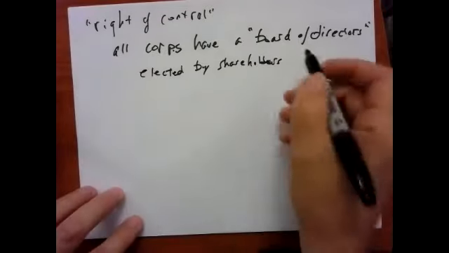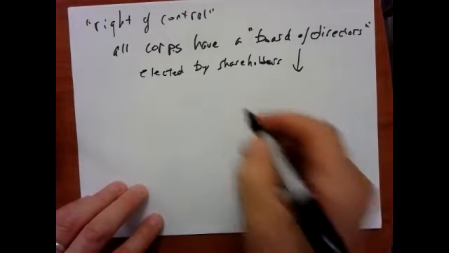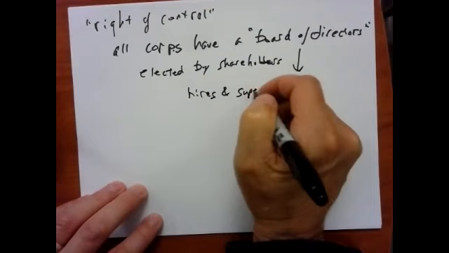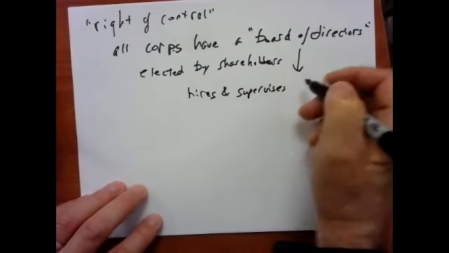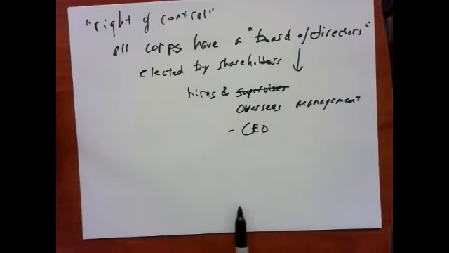And then the most important thing that the board does is it hires and oversees the management. It's really the CEO. The board basically hires the CEO and fires the CEO when they don't think the CEO is doing what they think the CEO ought to be doing.